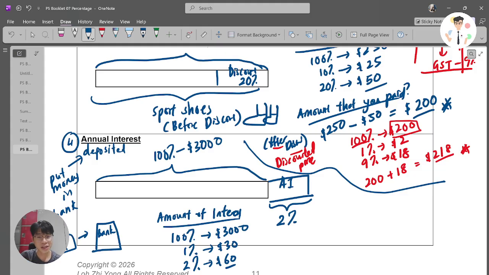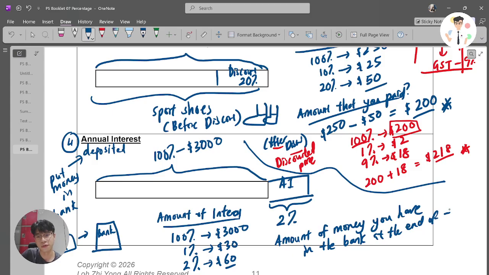But another question that they will probably ask you is, what is the amount of money you have in the bank at the end of the year? If that is the question, again, you have how much?